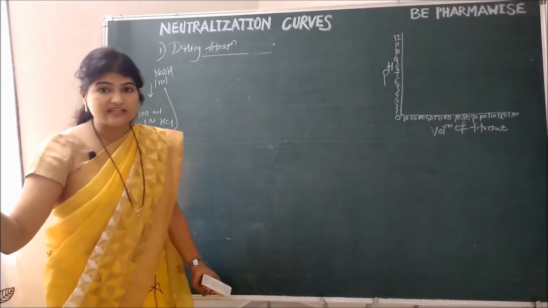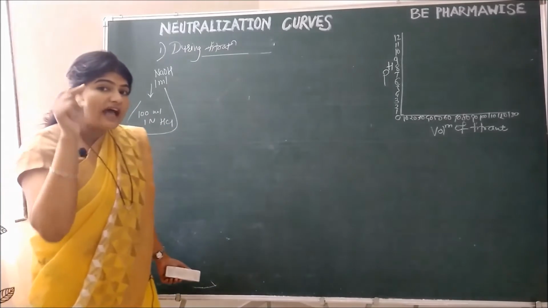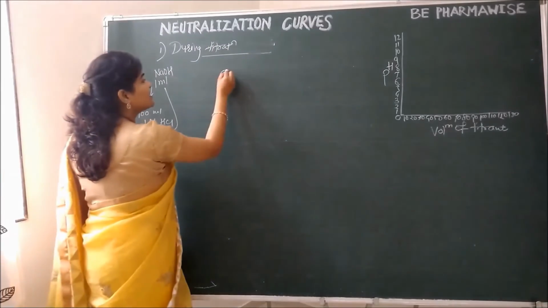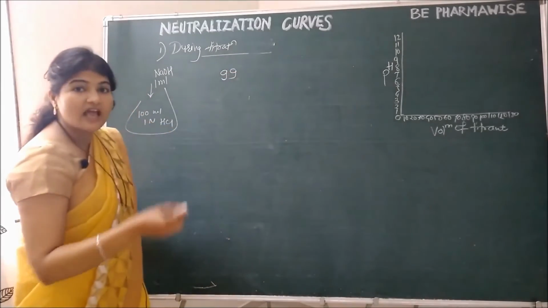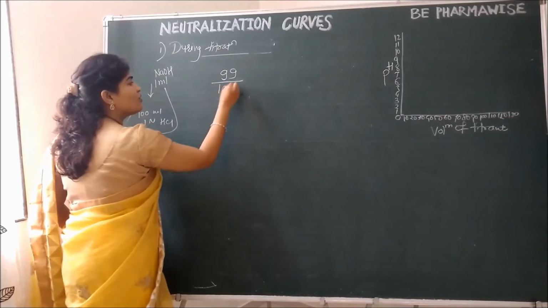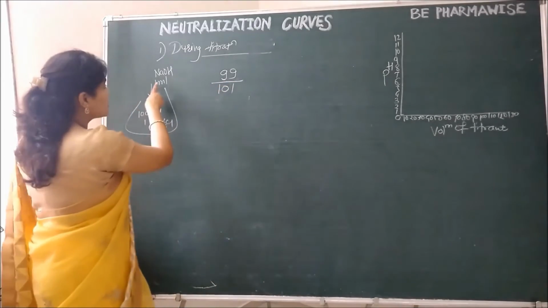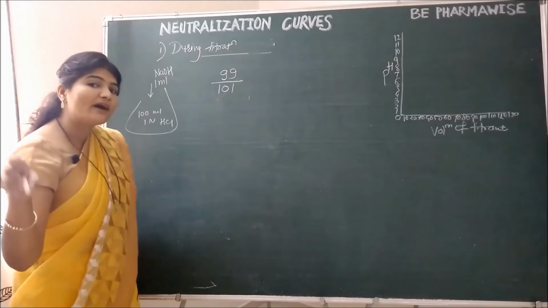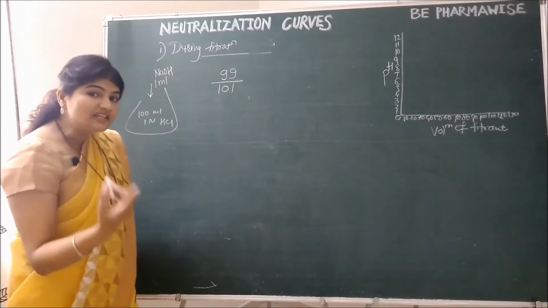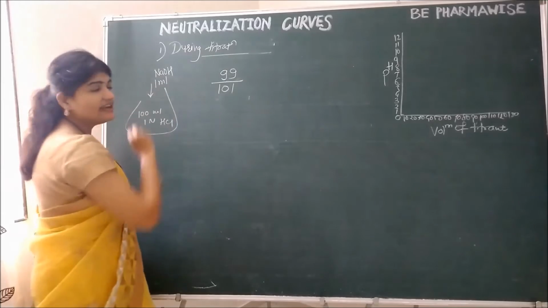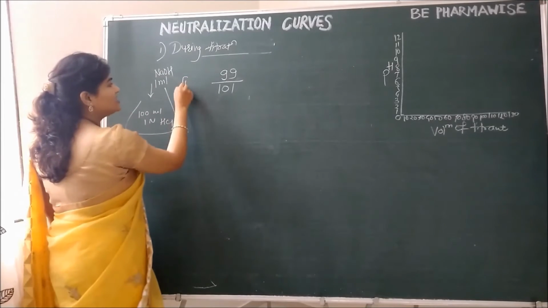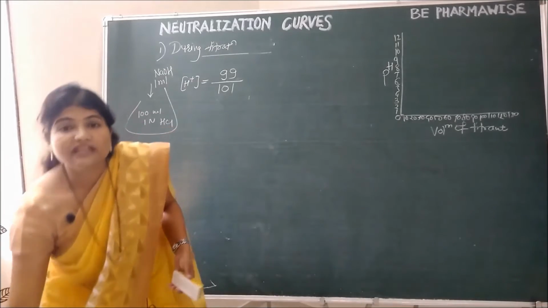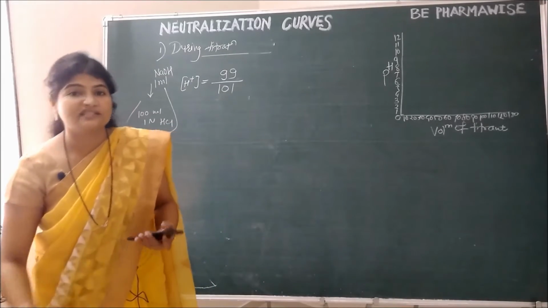So they will neutralize. So what will be the acid concentration remaining in the conical flask? It is 99 equivalents out of 101 ml, because when this 1 ml is added, the total volume becomes 101 ml. And what is the acid equivalents which are there? They are 99. So after addition of 1 ml NaOH, concentration of H plus will be 99 upon 101.